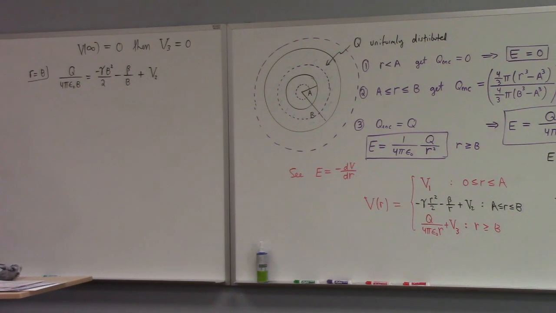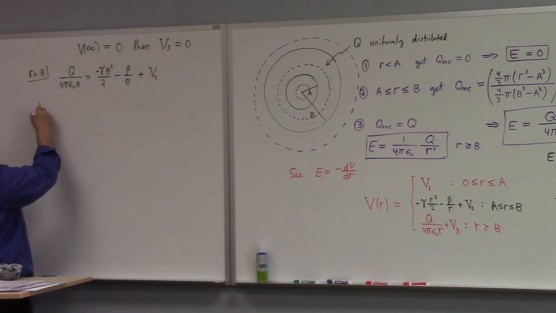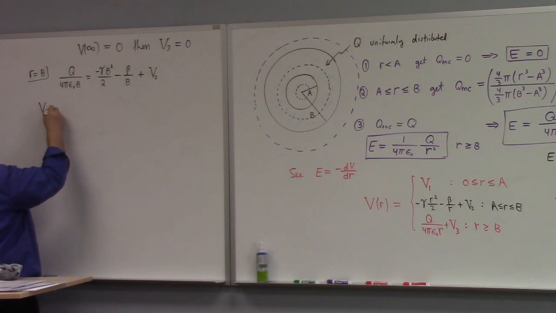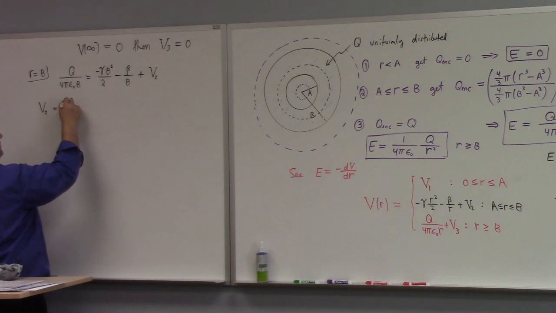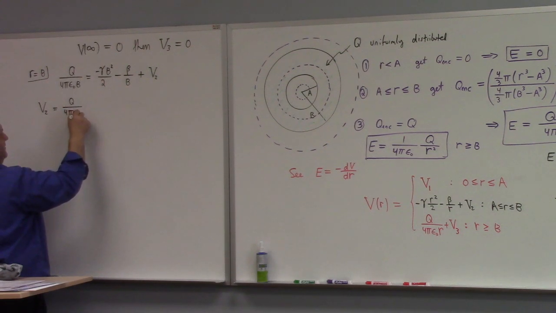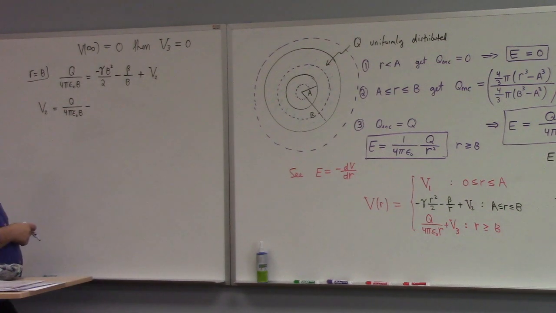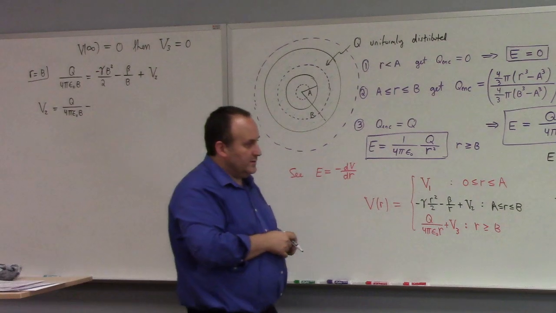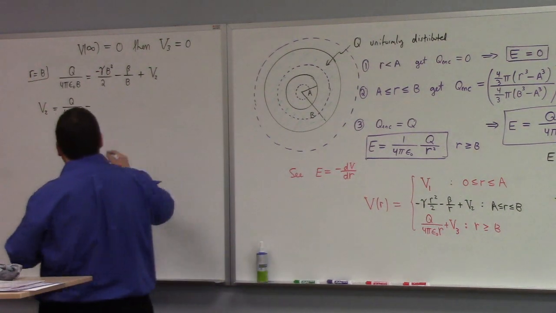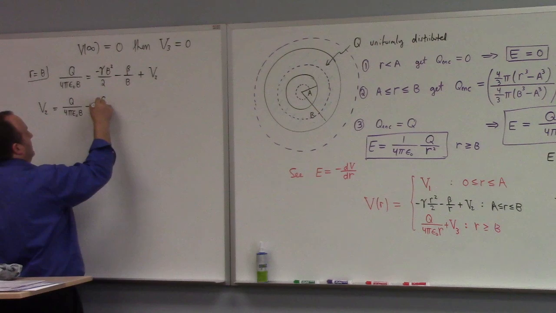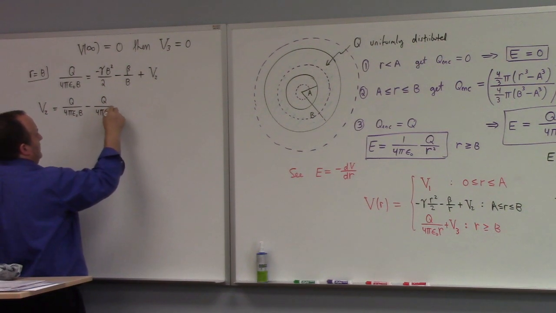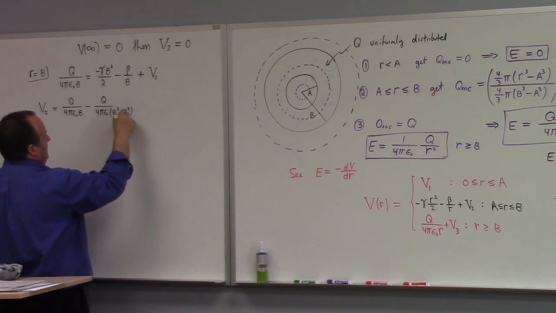All right, so let me solve this. This gives us V2 is equal to Q over 4 pi epsilon naught B, and then minus, let me put in my gamma, it is Q over 4 pi epsilon naught, difference of the cubes, Q over 4 pi epsilon naught times B cubed minus A cubed, right?